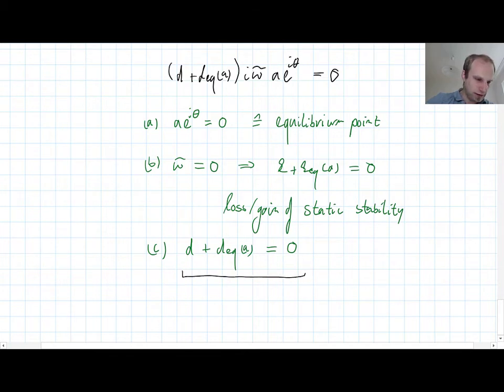So this is the only one for bounded oscillations, so finite non-zero amplitude.